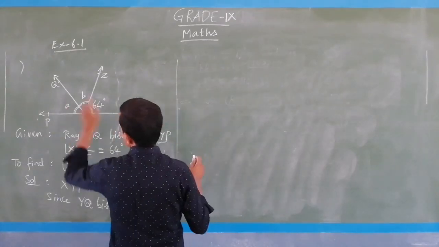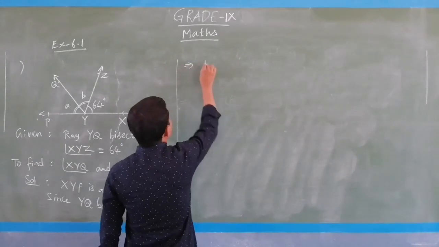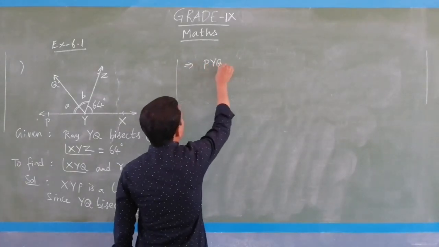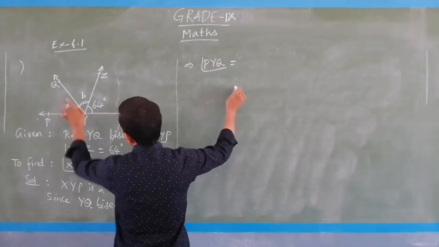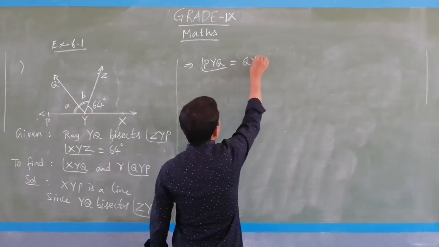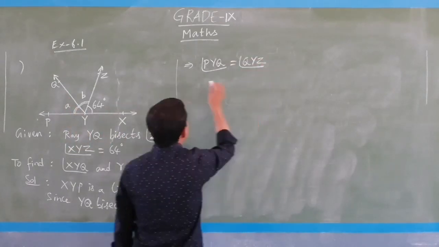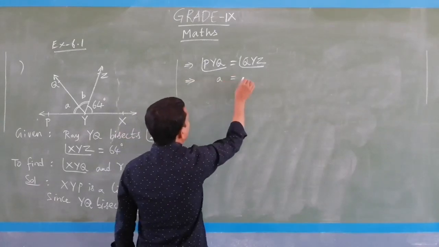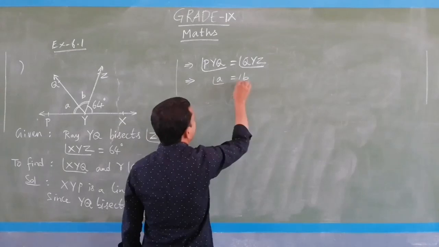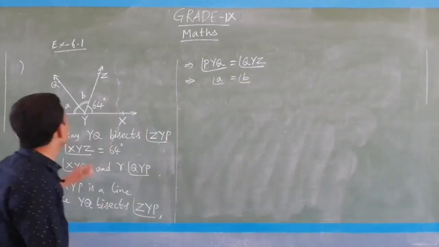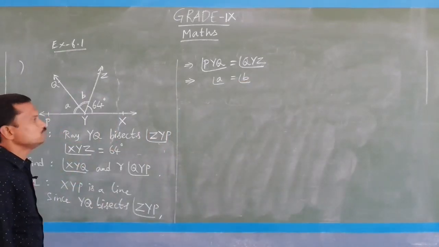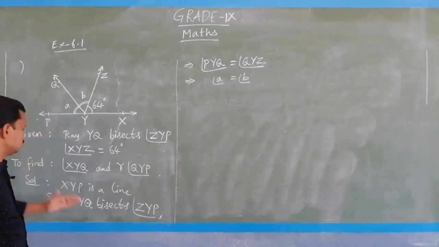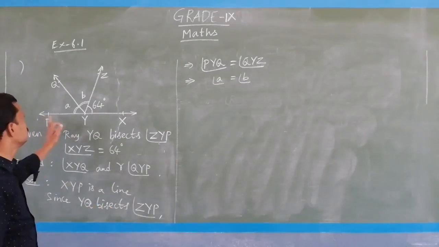PYQ is equal to QYZ. Okay, so I am considering PYQ as small a and small b. So angle A, angle B. For our better understanding, you put small a and small b, they are equal because it is given that YQ bisects this angle ZYP. Clear?